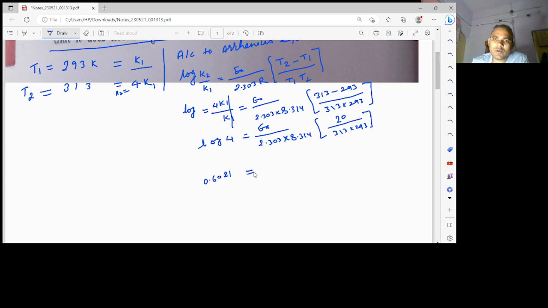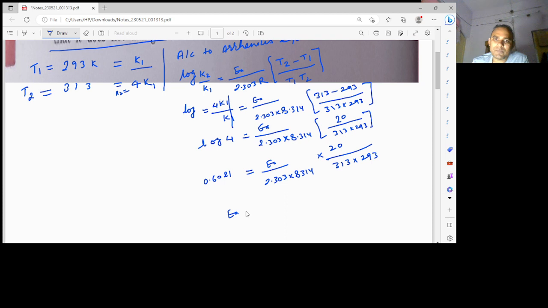Now put in the values. This is Ea upon 2.303 into 8.314, multiplied by 20, divided by 313 multiplied by 293. Now they are asking for the activation energy.